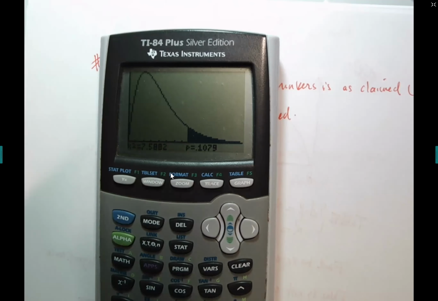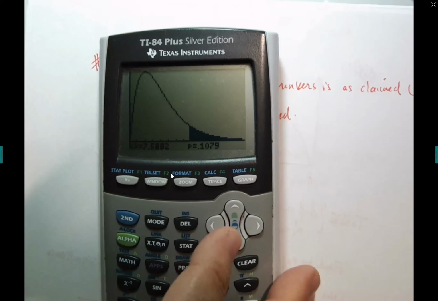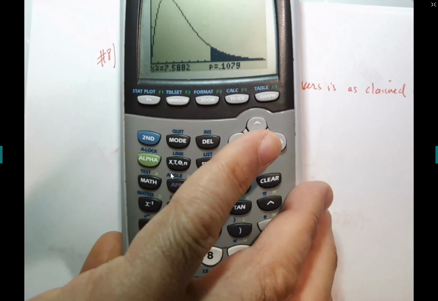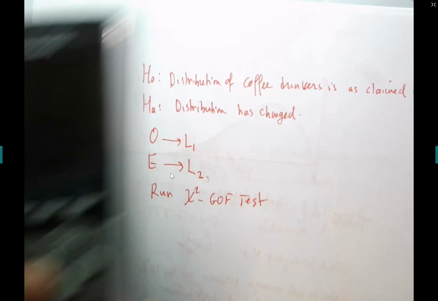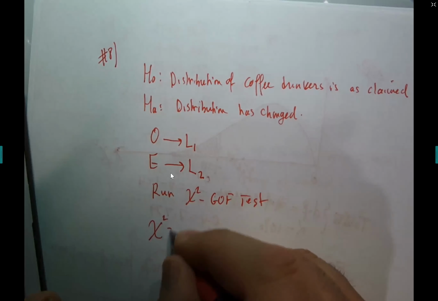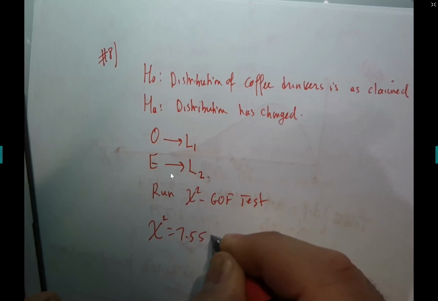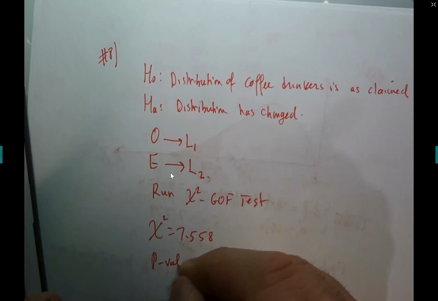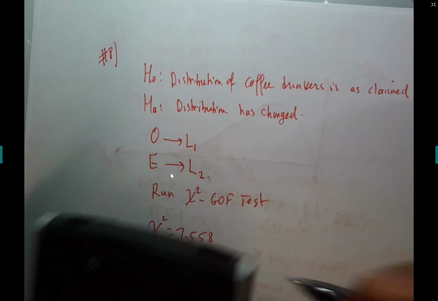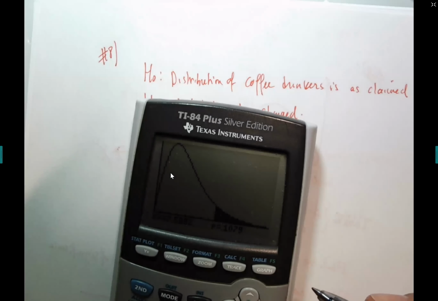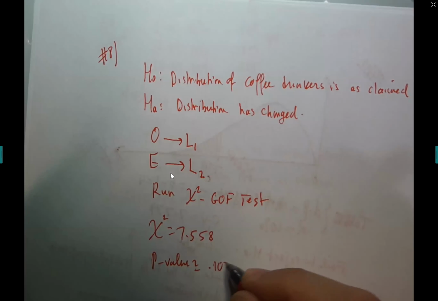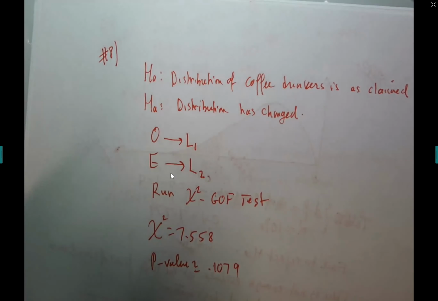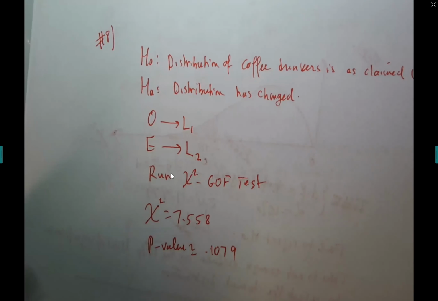Okay, so chi-square is 7.588. You can see, guys. And you need the p-value. 0.1079. Yes, any questions?